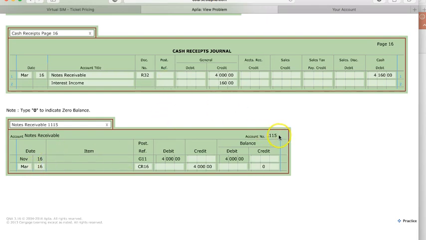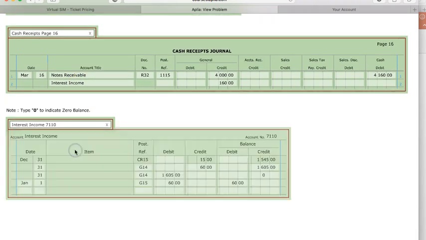Then we're going to put the account number 1115 up here because we know that we have now posted that. Then let's go to interest income. And we're going to put March 16th. We're getting that from Cash Receipts 16. And it's a credit of $160.